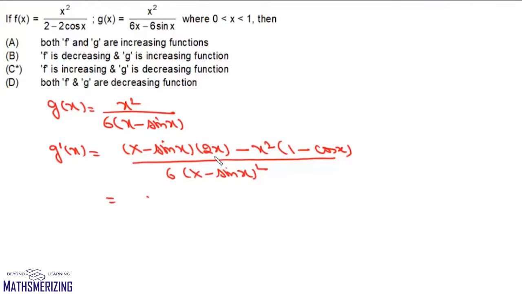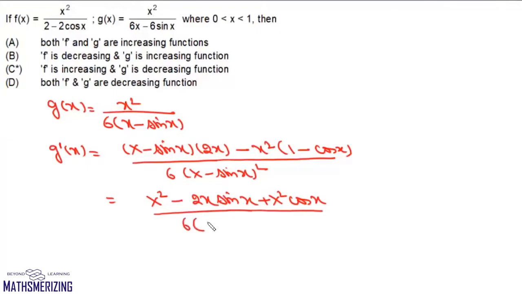Now we'll write this as 2x squared minus x squared. So it will be x squared minus 2x sin x plus x squared cos x, and this is 6 into x minus sin x whole squared.